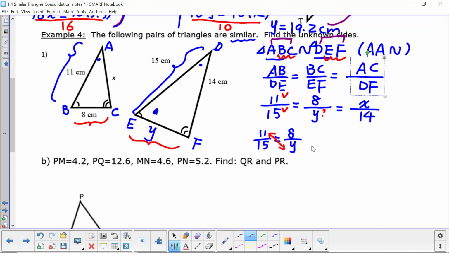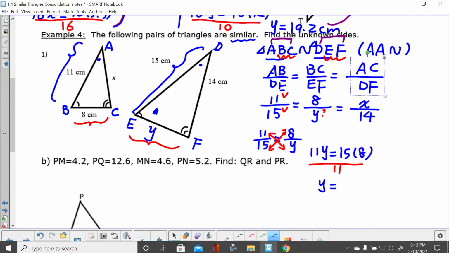So 11 times Y equals cross times, 15 times 8. Then move the 11 to other side. You will be able to find the Y value. It's 15 times 8 divided by 11.